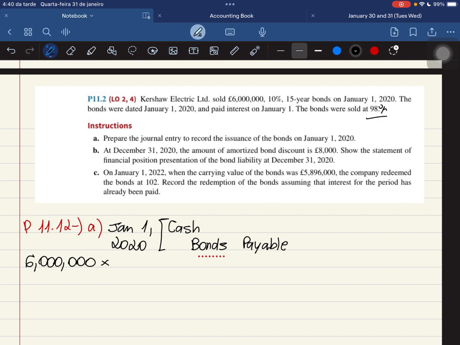So you have to divide by 100, that is 0.98, and multiply by 0.98. That gives us 5,880,000, and this is our issuance price, our present value.